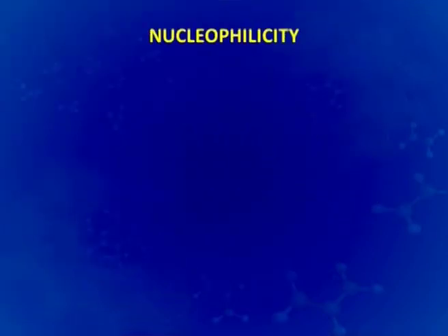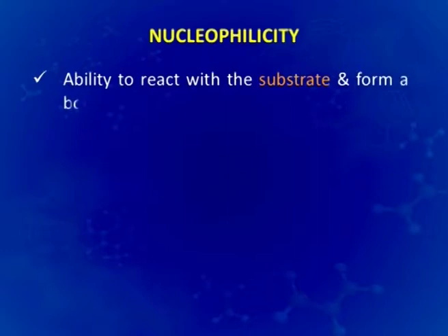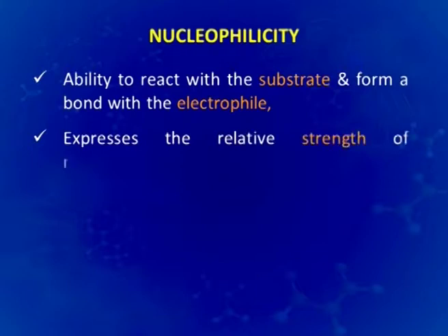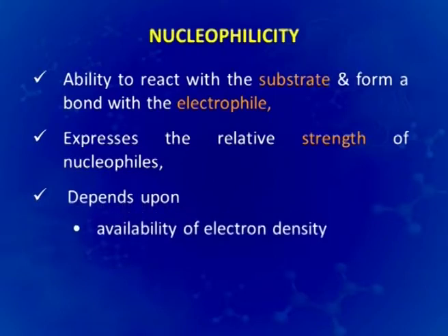Well, nucleophilicity is the ability to react with the substrate and form a bond with the electrophile. So, please remember that the nucleophile will always form a bond with carbon and not with hydrogen. Of course, it expresses the relative strength of nucleophiles and also depends upon a number of factors like availability of electron density, which is very obvious.